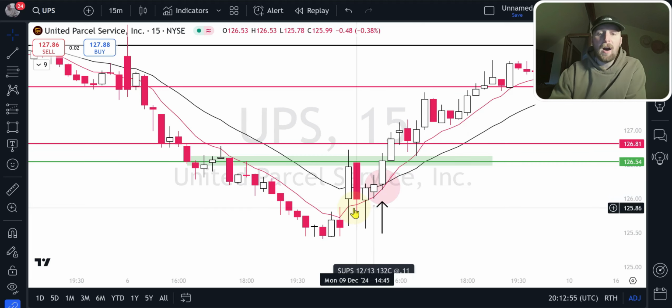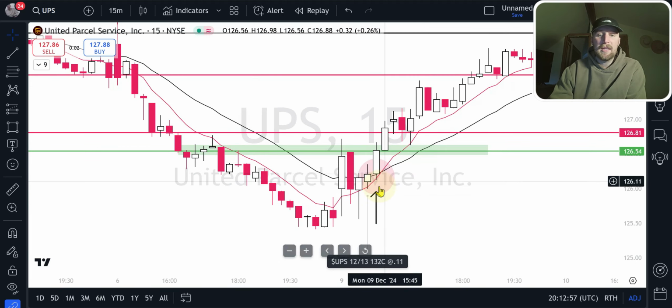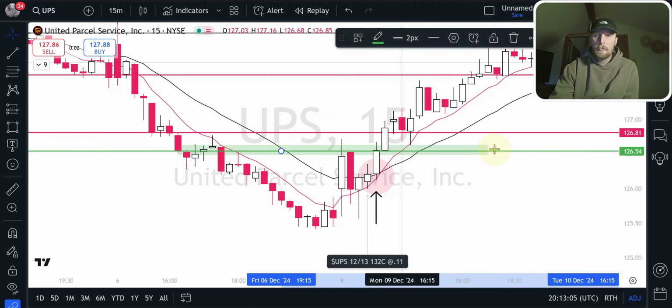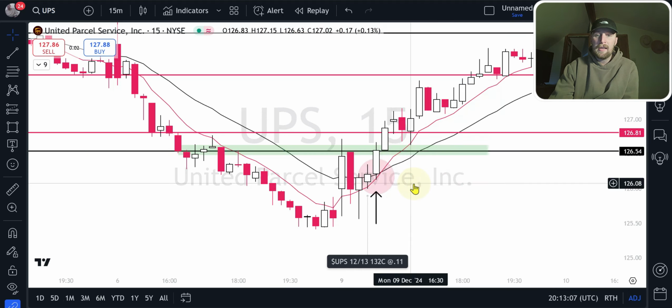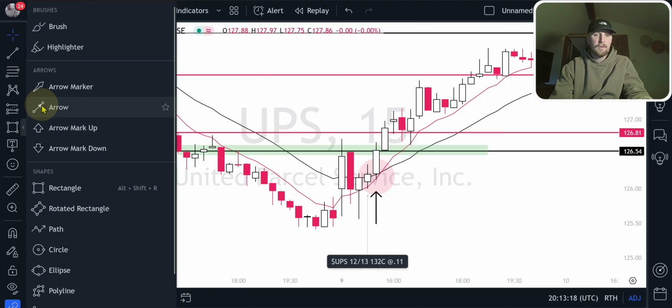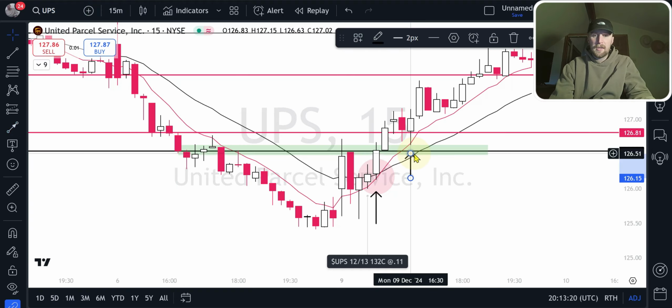So if you did not manage to get into UPS off of this EMA cross here, you should have waited until we came back down, okay, and tested this key pivot or bounced off this EMA right here. This would have been your second entry model on UPS right here.